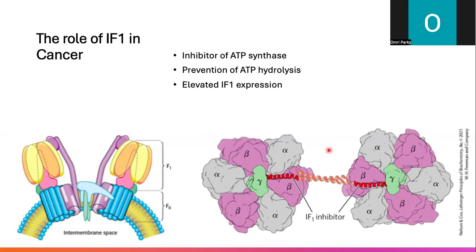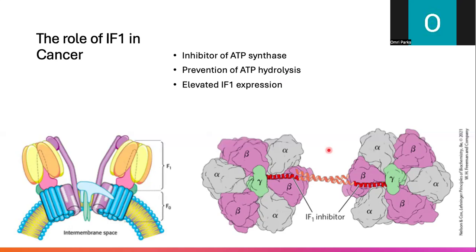The group used experimental models to view IF1 overexpression. They found that IF1 overexpression promotes metabolic reprogramming and enhances aerobic glycolysis, which contributes to cancer cell proliferation.